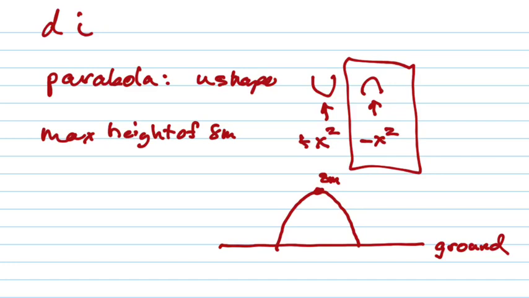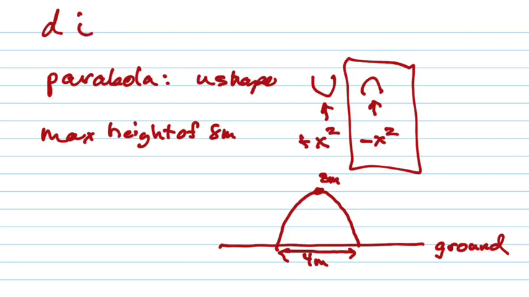It says it travels horizontally 4 meters before landing again. So the entire distance it travels horizontally, which is like the ground, is how much? 4 meters. So that means that this distance from one end to the other is 4 meters. Do we agree? We're happy with that? What do we know about a parabola?